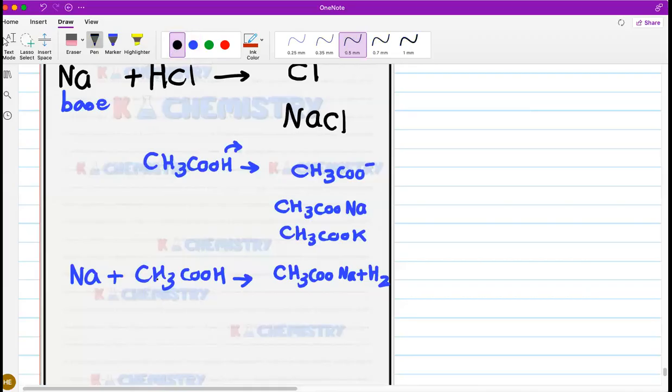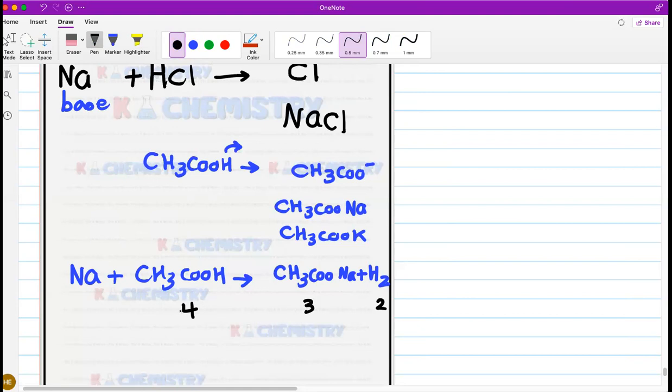To balance it, you need to make 2 from the hydrogens, because as we always said, this number is 2 and that one is 3. So the total is 5 and here 4. We always say if you have an odd number, you have to change it into an even number.